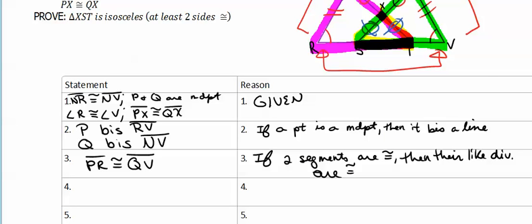So in my proof, I go ahead and I establish my givens. And then using that P and Q are midpoints, I can say that they bisect the line segments based on the definition of a midpoint, that if a point is a midpoint, then it bisects a line. And since we know we have 2 bisecting segments with 1 larger segment, we can then use the division property, like we just mentioned, to establish the smaller segments to be congruent.